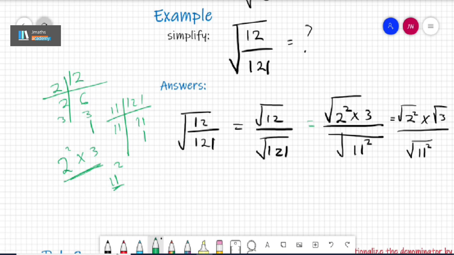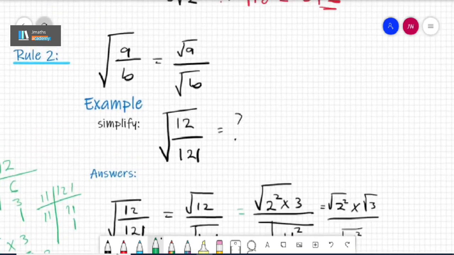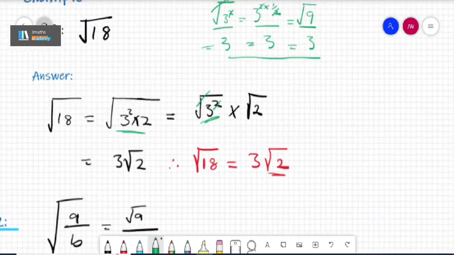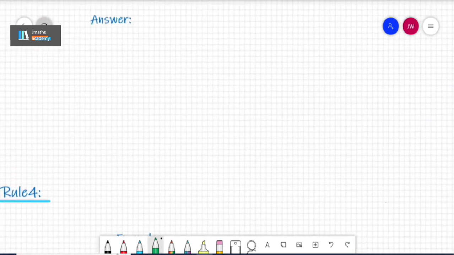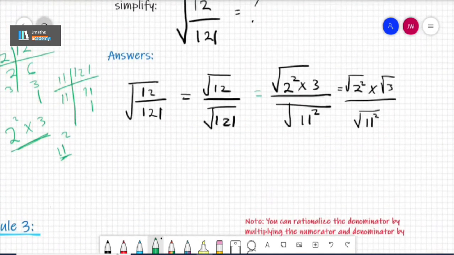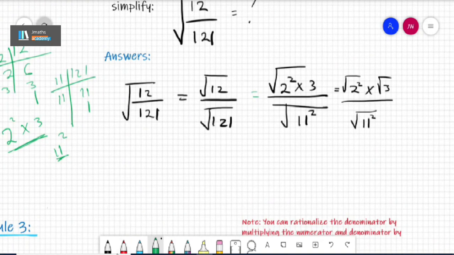Okay, according to the solution we have up here, we can choose this method to simplify our solution.